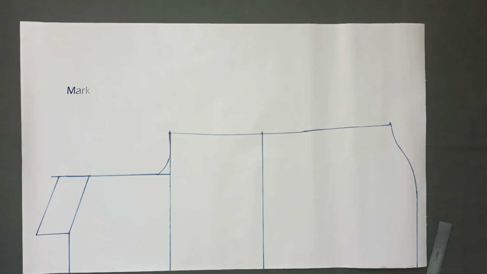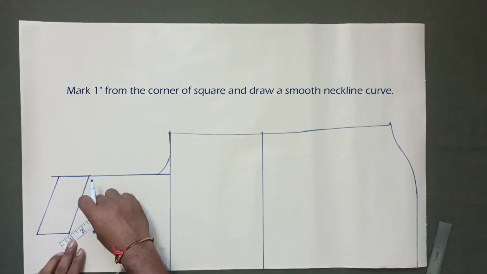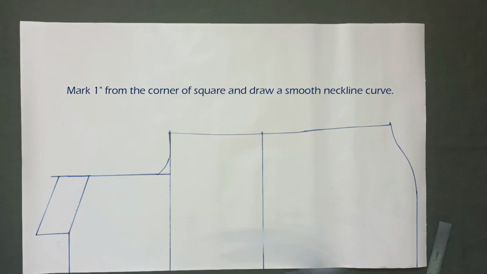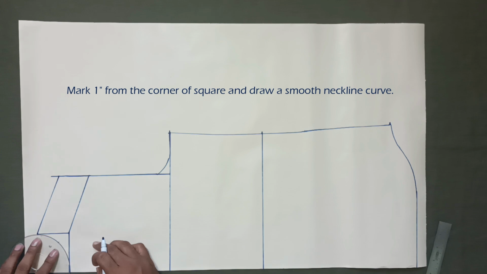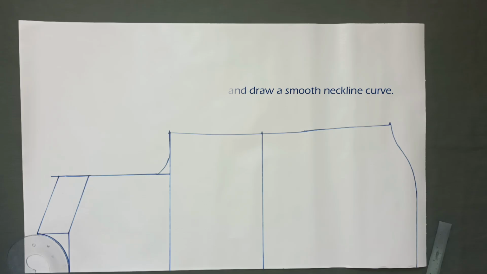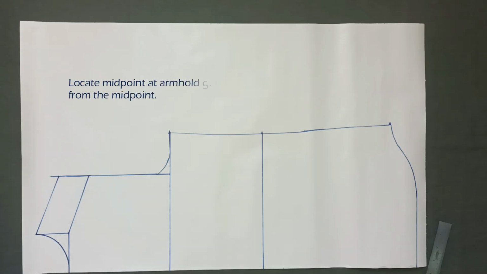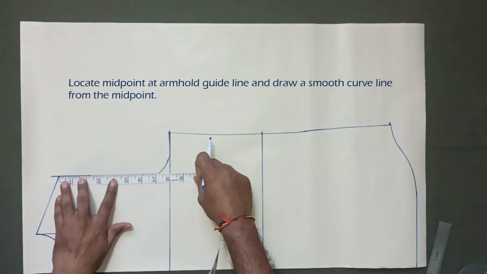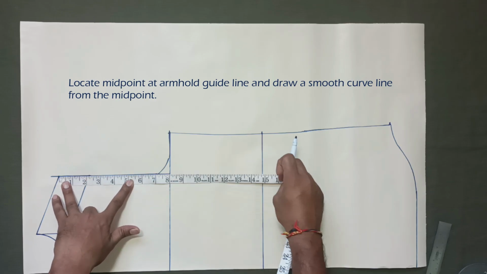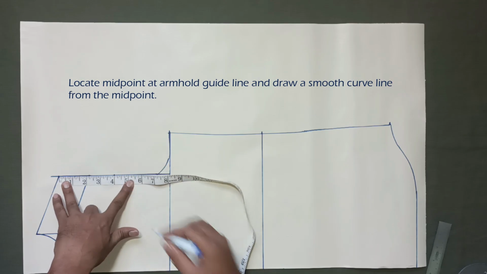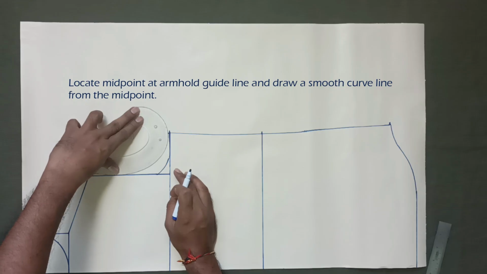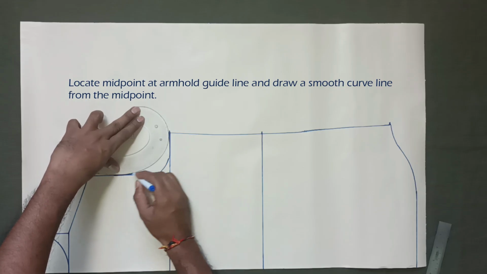Once this is done, from the corner, mark 1 inch diagonally, at a 45-degree angle, and draw a smooth curve. Locate a midpoint from the shoulder slope to the chest line. It shows 8 inches, so the midpoint is at 4, and from the midpoint, draw the back armhole curve.